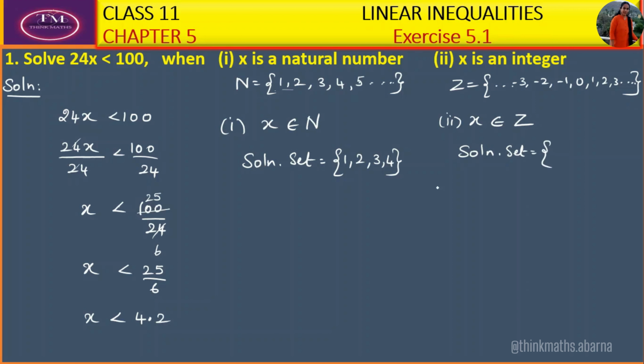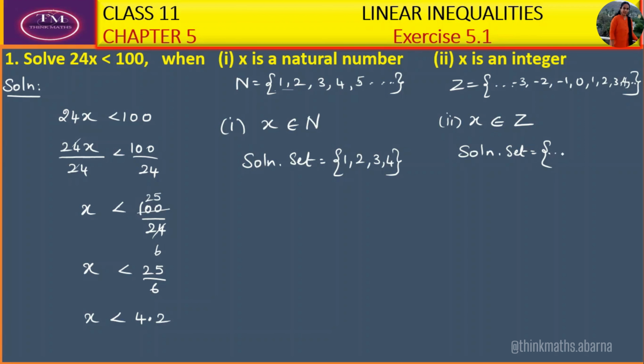So we have x is less than 4.2. So x is less than 4.2 means all the negative integers will be less than 4.2. 0 is less than 4.2. 1, 2, 3, 4. After 4, they are all greater.